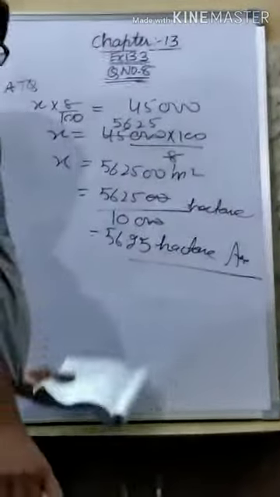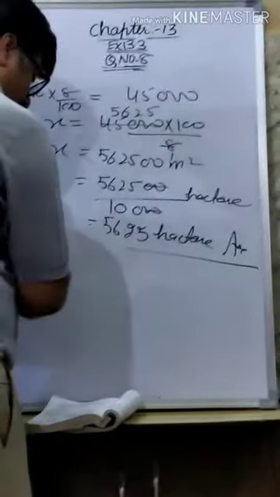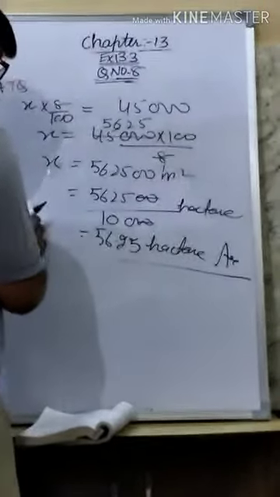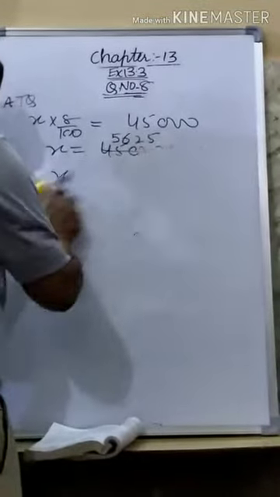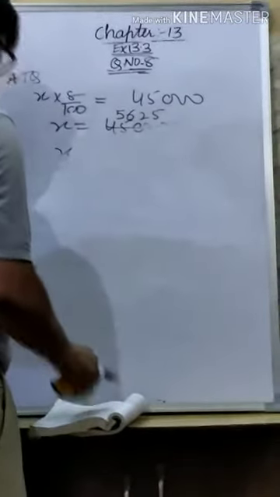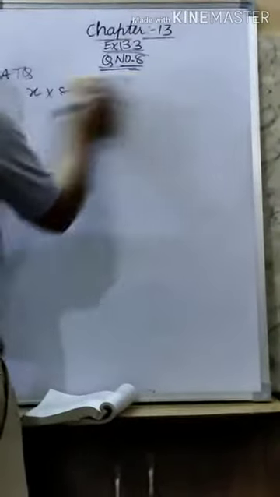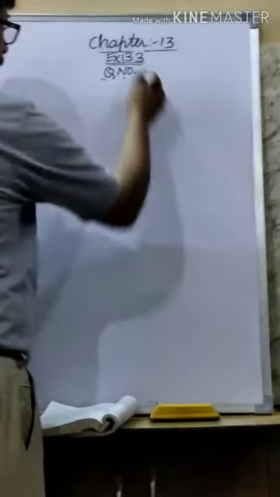A farmer connects a pipe of internal diameter 20 centimeter from a canal into a cylindrical tank in her field, which is 10 meter in diameter and 2 meter deep. So my dear students, I am giving a hint.